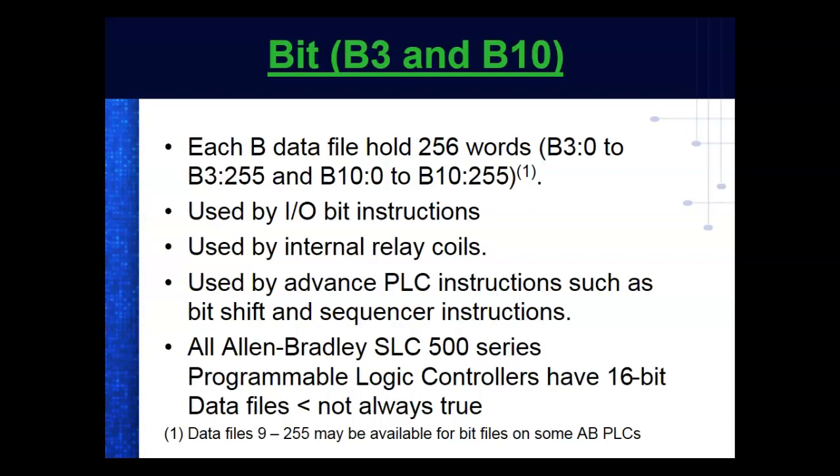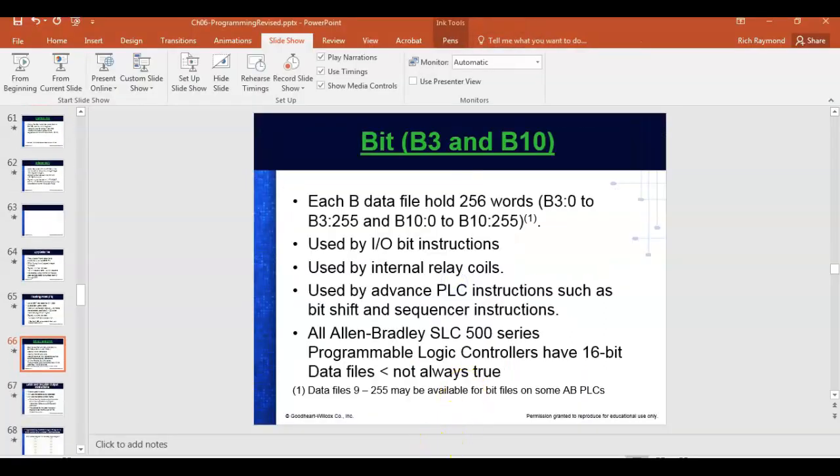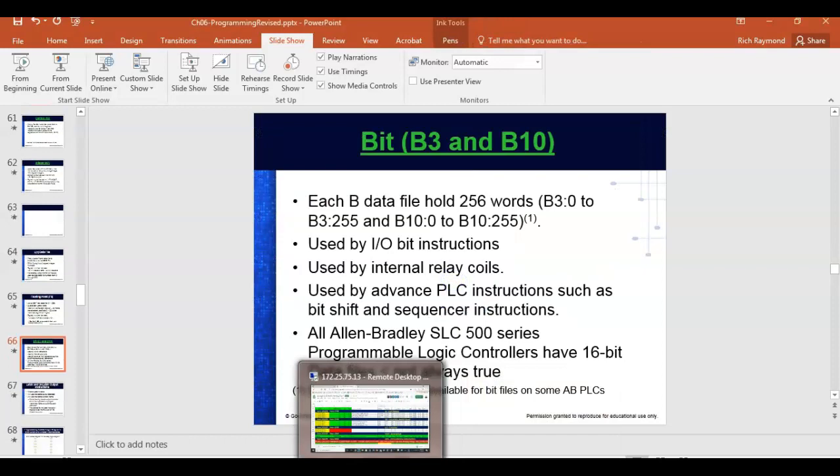So if I don't need the output, if I don't need to turn on a light, if I don't need to energize a solenoid, if I don't need to actually generate something on the outside world, then what we will use is an internal, we call them internal coils.